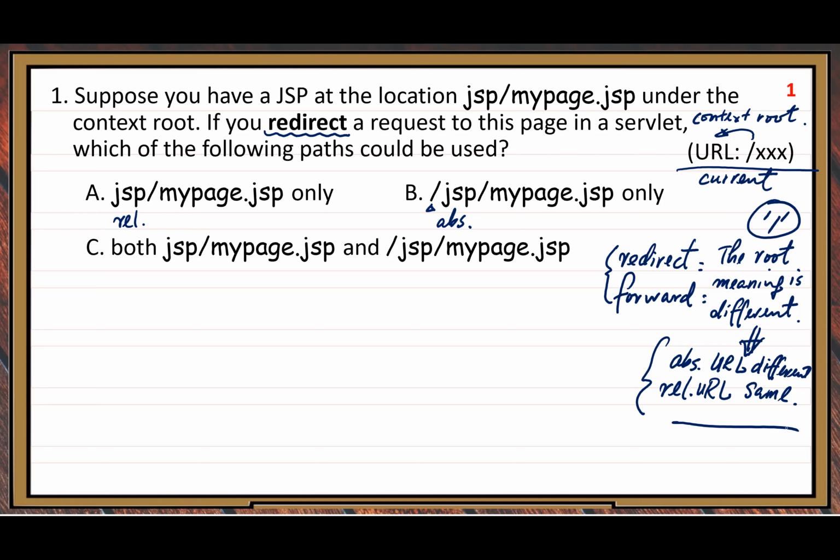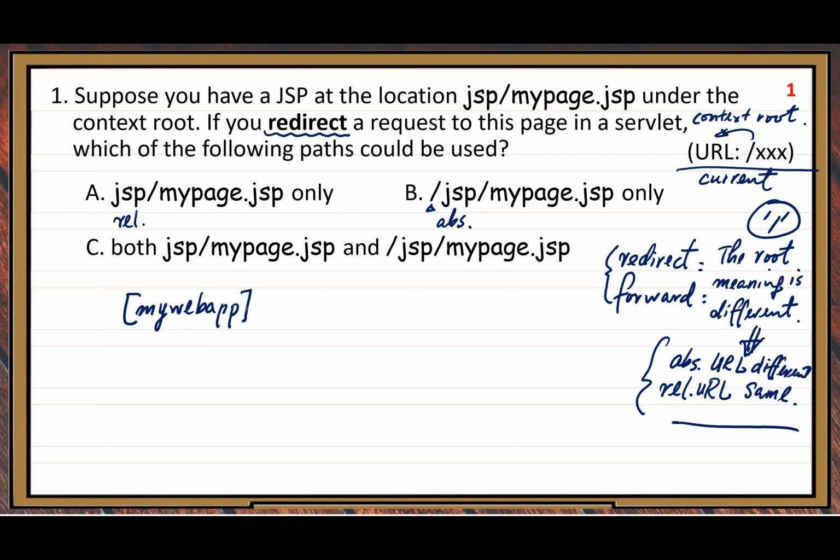Here, A is a relative URL, B is an absolute URL. Okay, relative. All right, so we use the Unix way to locate the resource. The location here, context root. Let us call the context my web app.